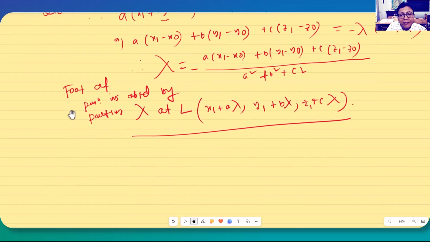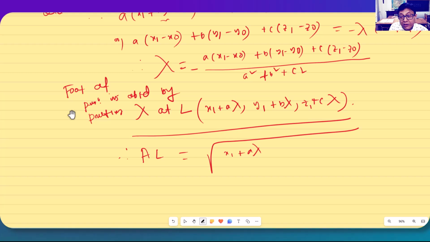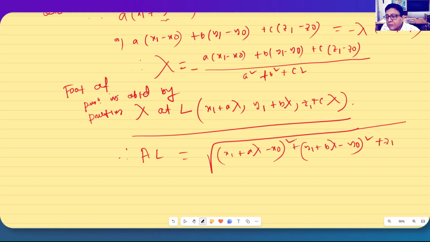So AL is going to be the square root of (x1 plus a lambda minus x0) whole square, because you got the foot L, plus (y1 plus b lambda minus y0) whole square plus (z1 plus c lambda minus z0) whole square. Clear? Put lambda here. You must put lambda here.